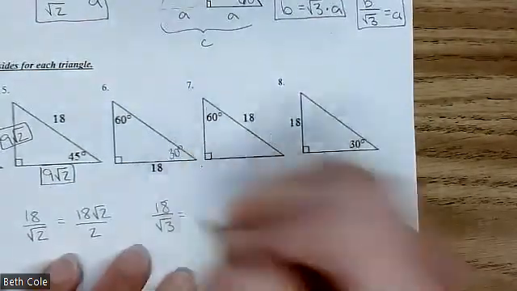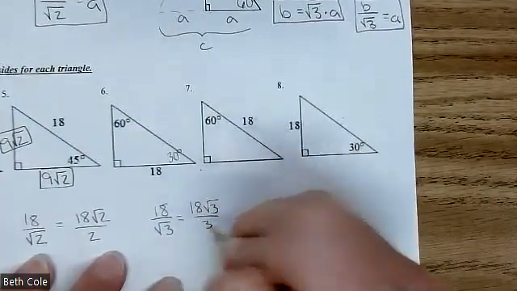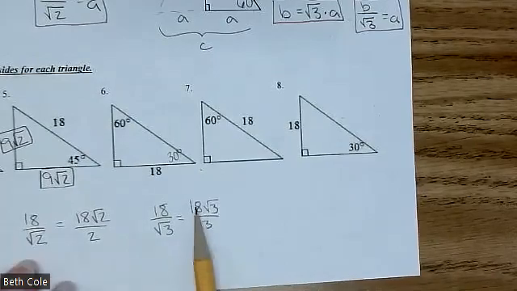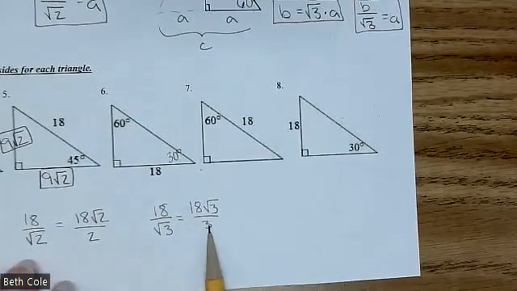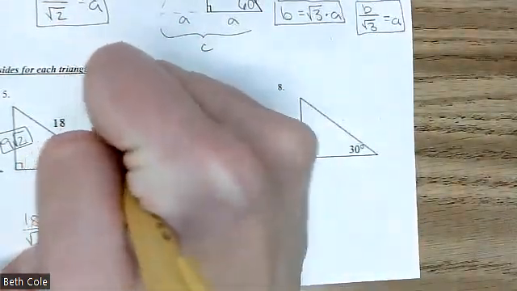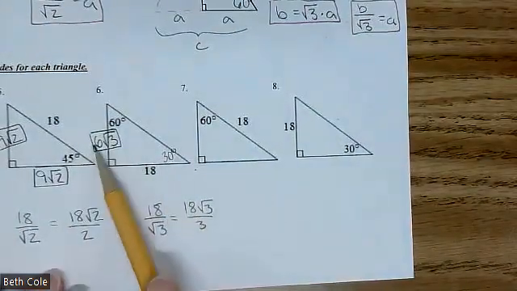So what would that give us when we rationalize it? It's 18 square root of 3 over 3. And then you reduce the fraction. Good. So this would be 6 square root of 3. So we divided by square root of 3.